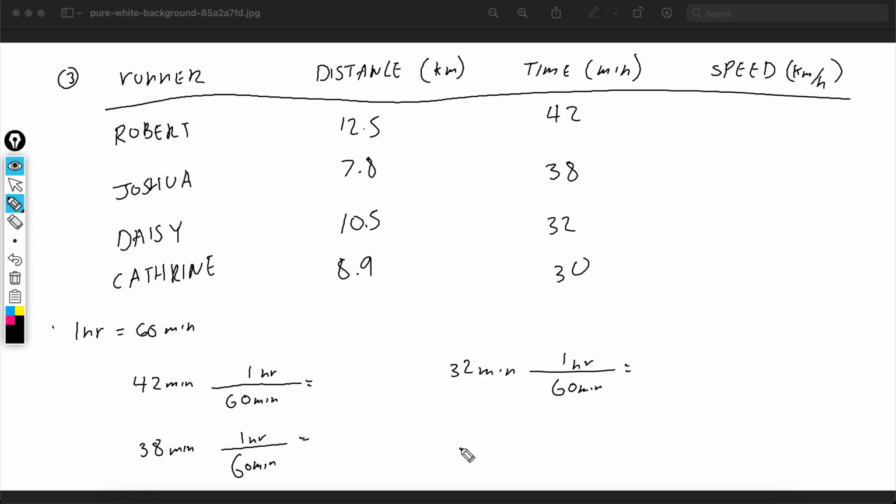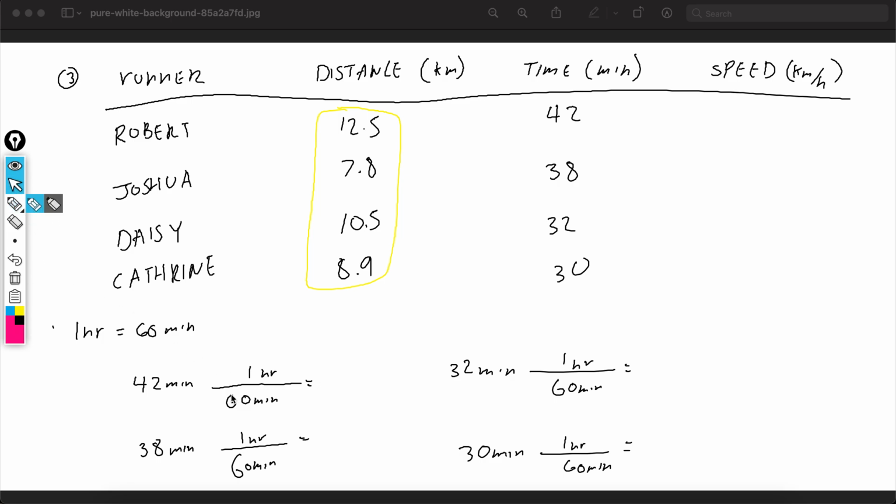And now we got the last person, which is 30 minutes for Miss Catherine. 1 hour. I'm doing all of them in one go just to make my life easy, because either way we're going to have to do all 4 of these. Right now, don't think about the distance. We're not worried about distance, we're worried about time.